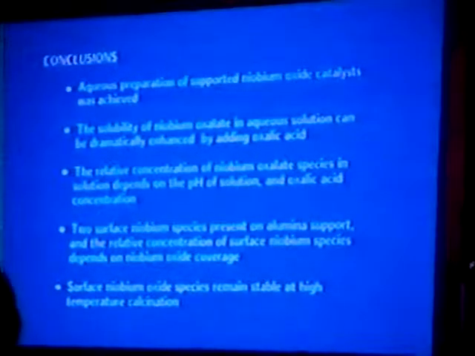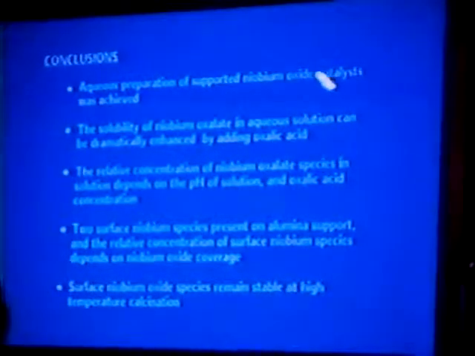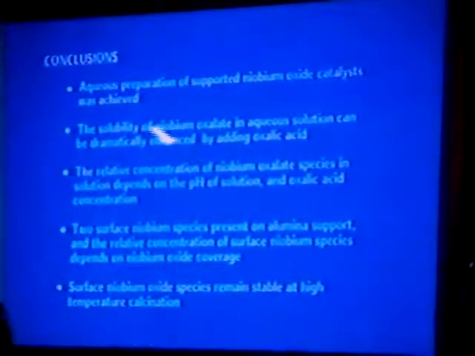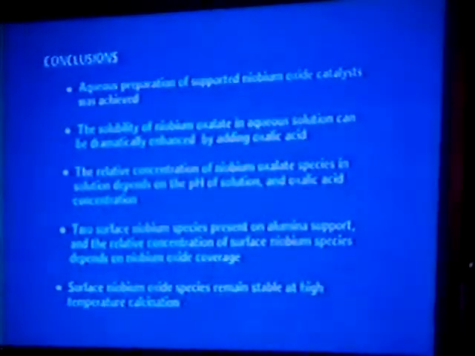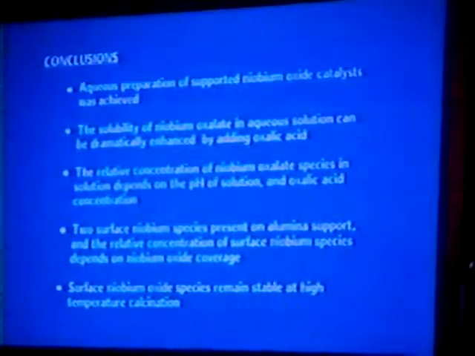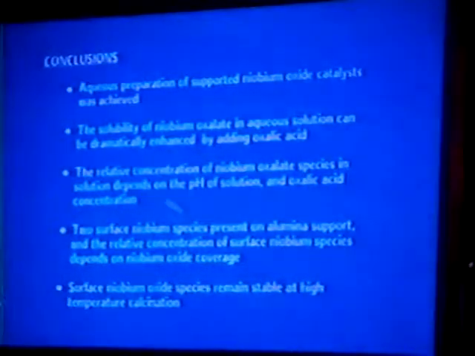In conclusion, we know the aqueous preparation of supported niobium oxide catalyst was achieved, and the solubility of niobium oxalate in aqueous solution can be dramatically enhanced by adding oxalic acid. When we dissolve the niobium oxalate into aqueous solution, two kinds of niobium oxalate species exist, and the relative concentration of the niobium oxalate species in solution depends on the pH of the solution and the oxalic acid concentration.